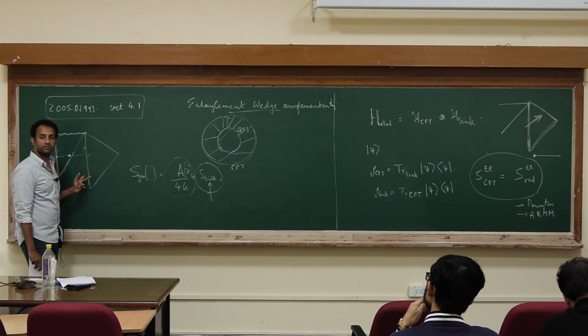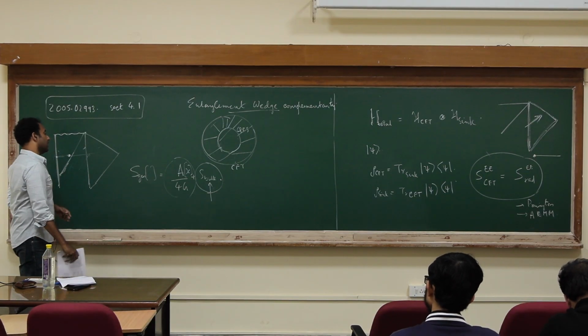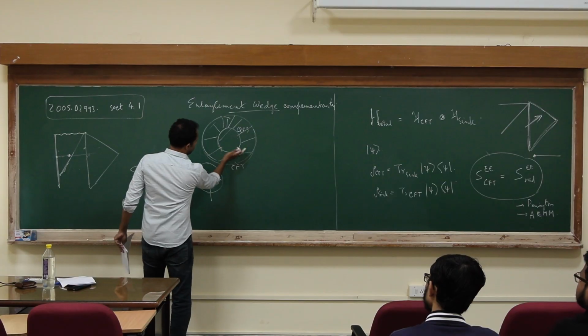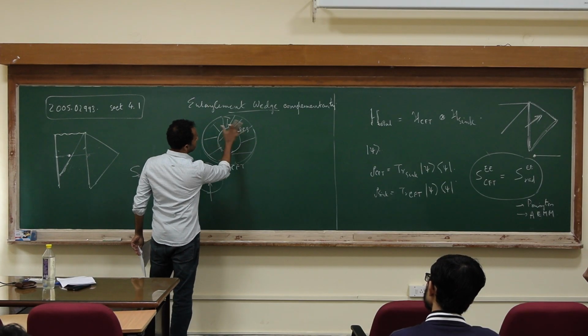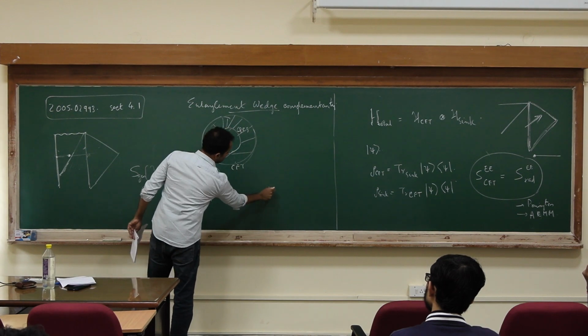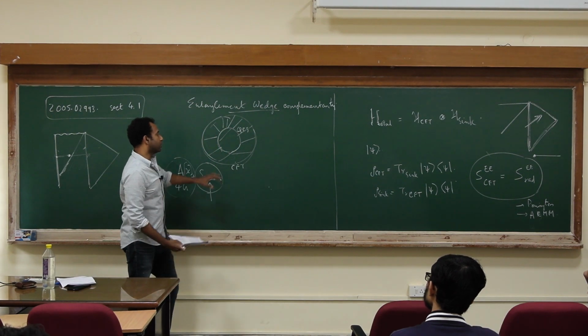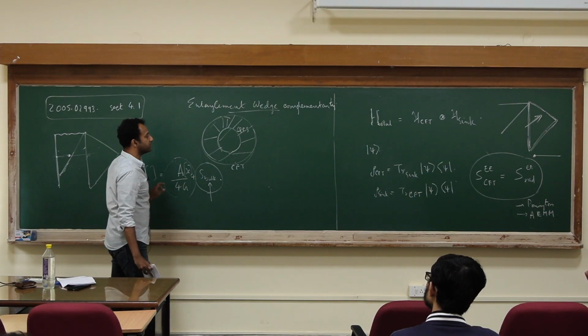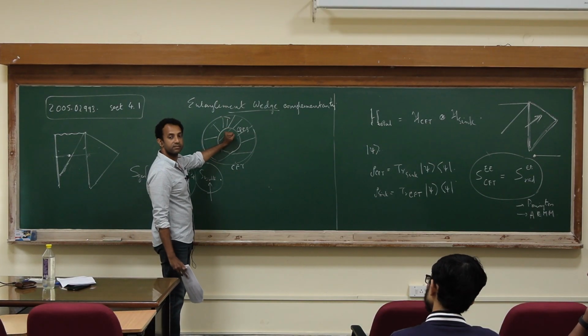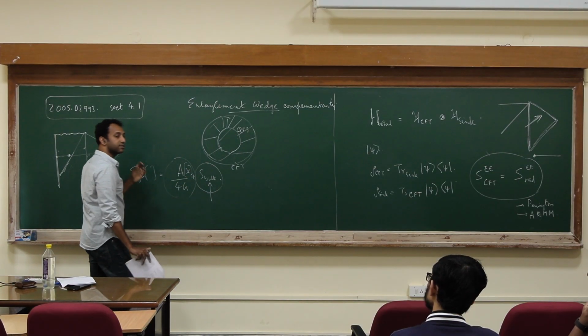Any problems? It's all good? So what it means is that there is no entanglement between the radiation inside the black hole and the sink here. You get the minimal quantum extremal surface by minimizing this radius, and if you minimize the radius, this is essentially 0.